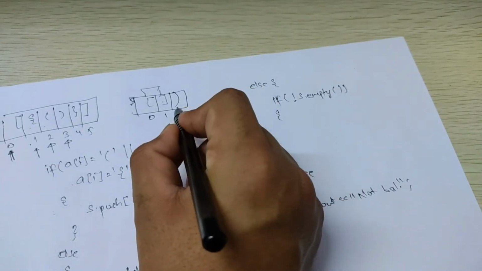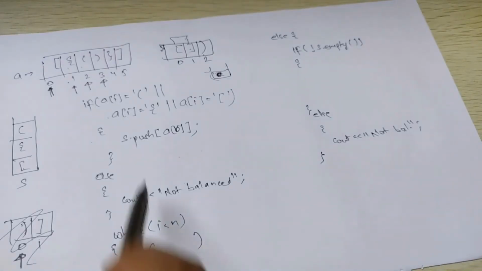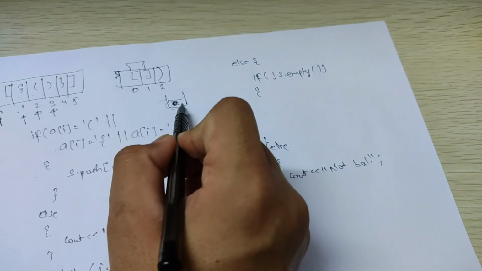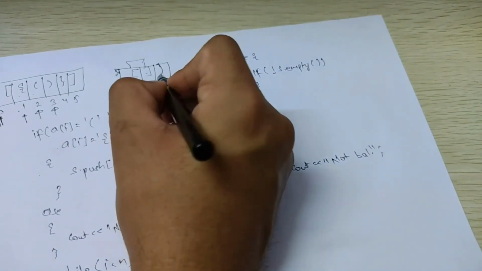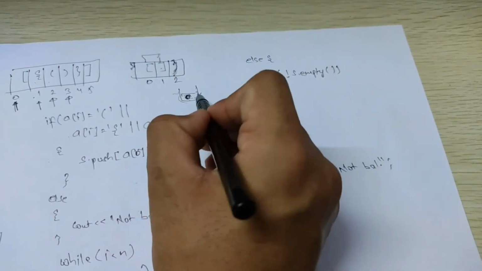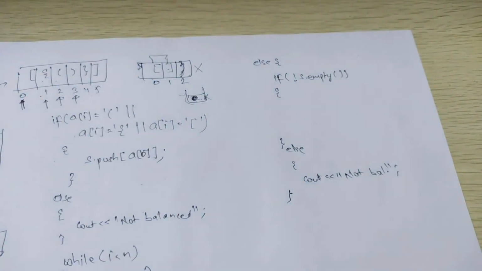Now you found this, fine, and none of these conditions is true. So you come here, you see whether the stack is empty or not. The stack is empty, so there is no purpose of processing the closing parenthesis. So you just simply say it is not balanced, and you can also see this is not a balanced expression.